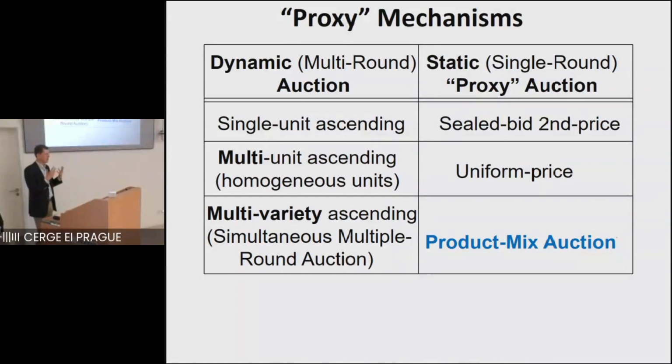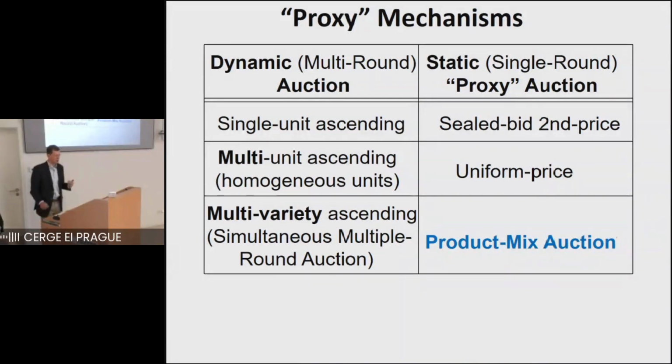And then if we go more complicated, further to an auction with multiple units of many different varieties, which could be done with a simultaneous multiple round auction, then the static version of that is a simplified version of a product mix auction. In other words, if rather than running a simultaneous multiple round auction, I asked everyone at the beginning, what are your preferences?